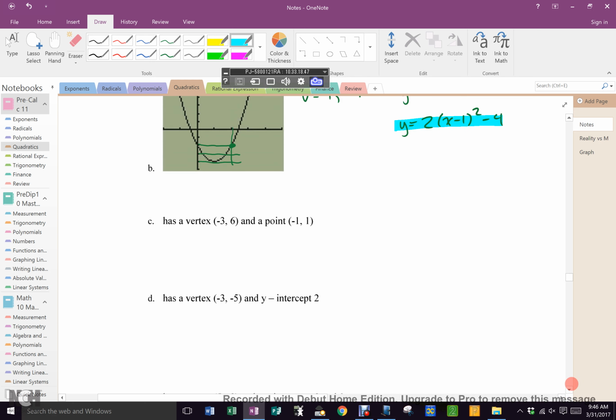Look at the next one and tell me what's different. There's no graph, dagnabbit. But there's a vertex, isn't there, Joel? So what do we know is the equation here? We know it's y equals a x plus 3 plus 6, and that's squared, yes? Everyone agree?